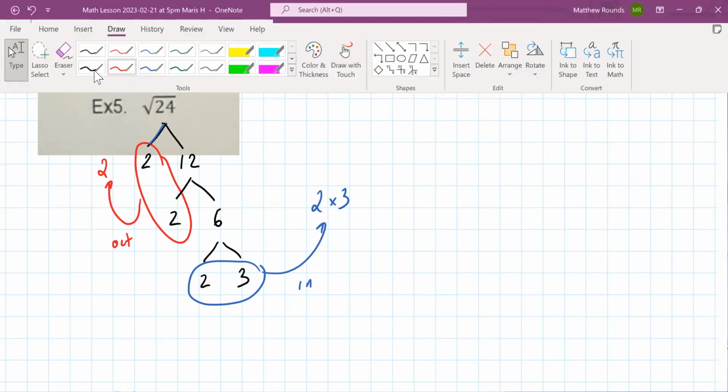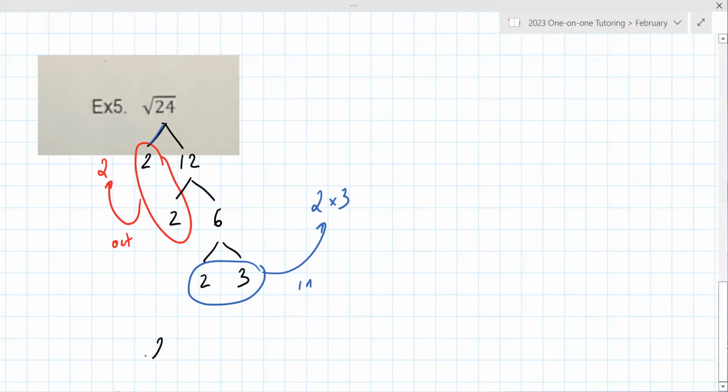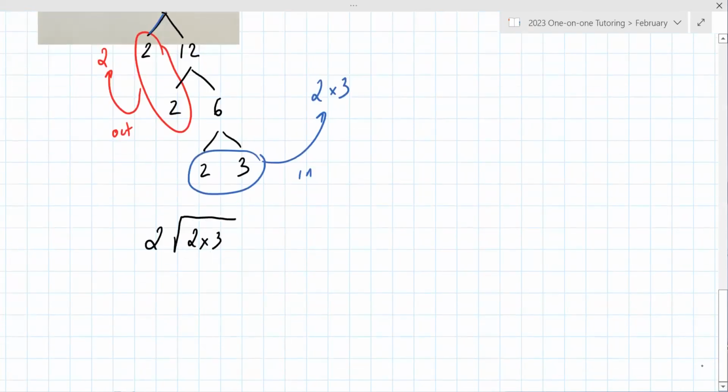Okay, so your answer here is 2, the 2 you're bringing out, square root of the things that you leave inside, which is 2 times 3. And so anything that doesn't come out stays in or under the root. And then you simplify by multiplying those numbers under the root.